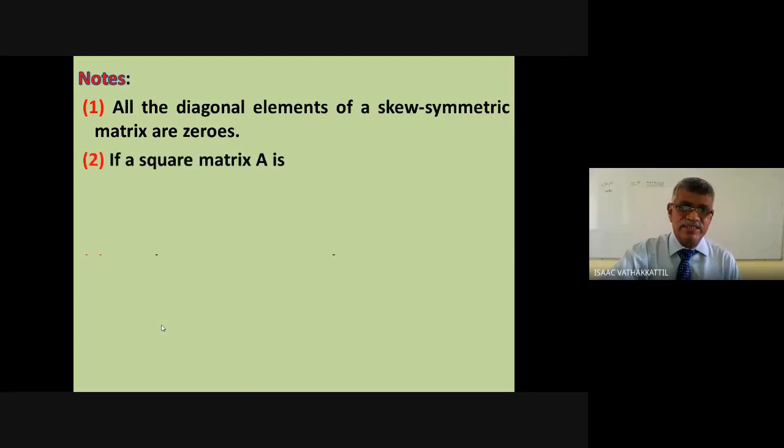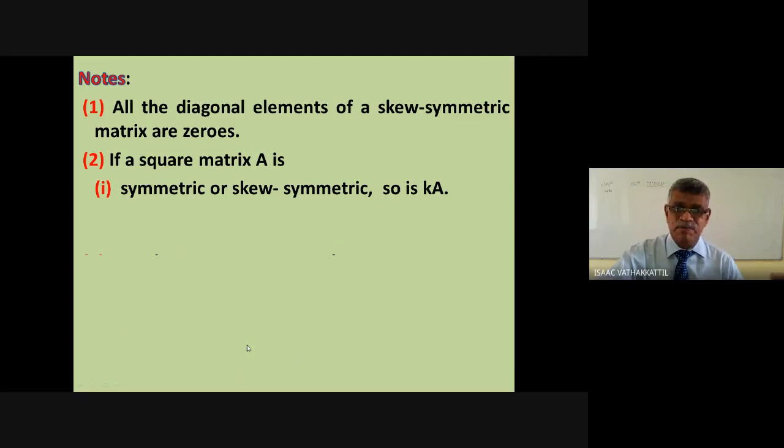If a square matrix is skew symmetric, so is kA. Multiply a number k, it's again skew symmetric. Because if a matrix is symmetric, multiply with k, it is symmetric again. Even if you multiply with a positive number, or even with a negative number, don't get confused.